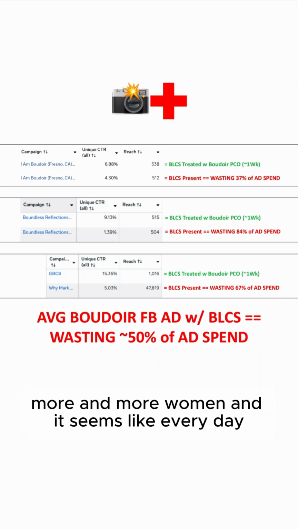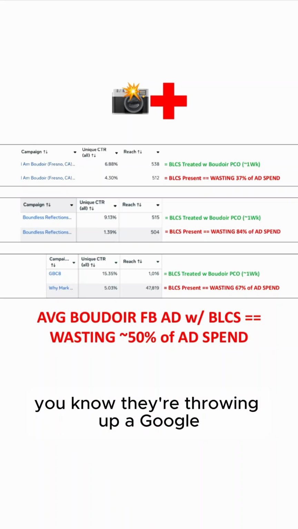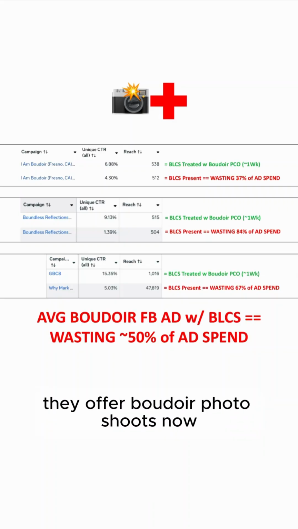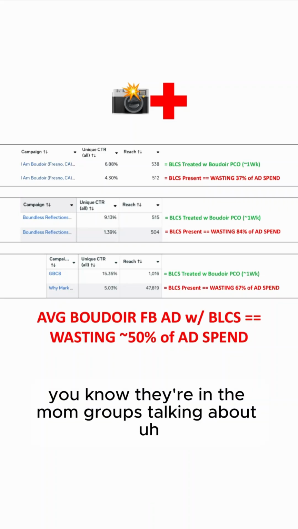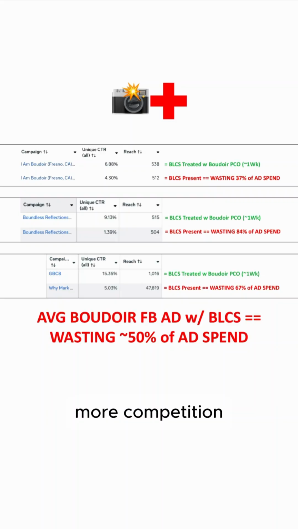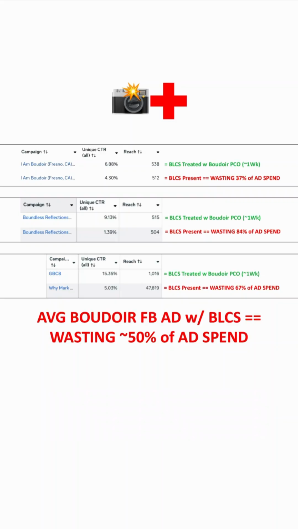It seems like every day, if someone gets a new iPhone, they're throwing up a Google My Business profile saying they offer Boudoir photo shoots now, or they get a new camera and they're in the mom groups talking about how they shoot Boudoir now. So more and more sellers, same number of buyers, more competition, getting harder for everyone to find buyers.